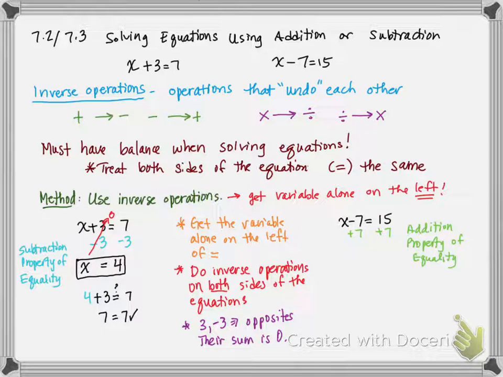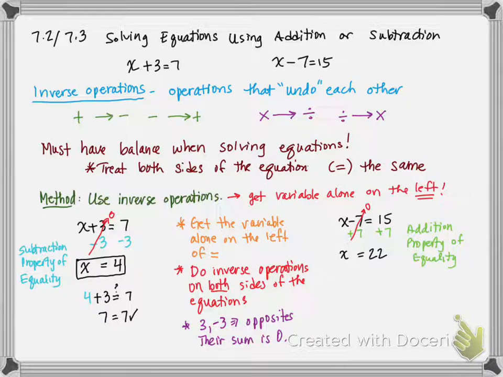And what happens? I have opposites, so they add up to 0. The identity property of addition says when I add 0, I get that number, which happens to be our x, and then 15 plus 7 is 22.